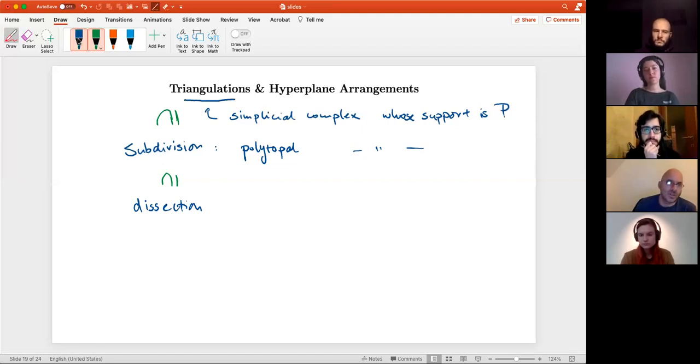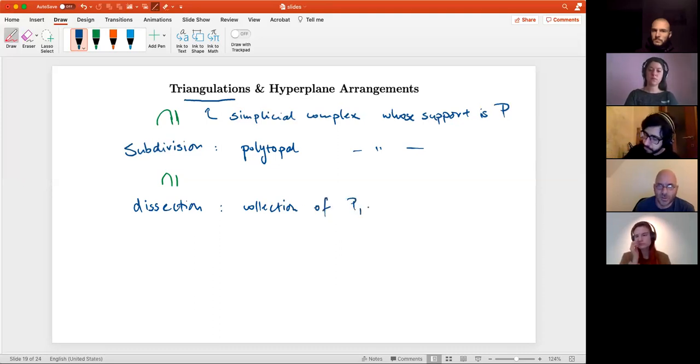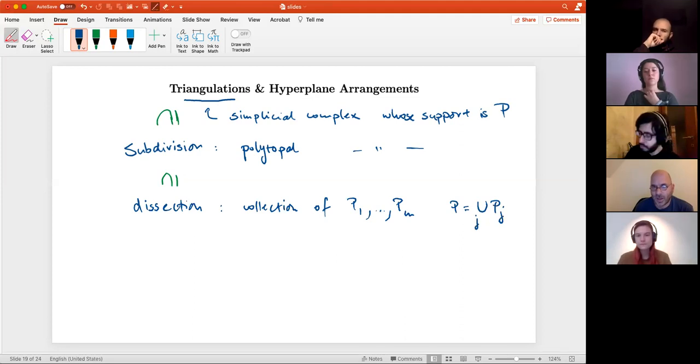So this is now just a collection of polytopes P1, whatever, PM, such that P is the union of all of them, and I want the interiors to not overlap.